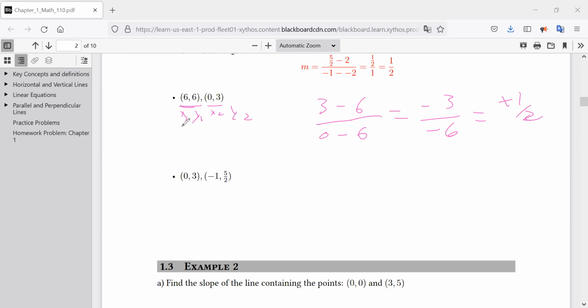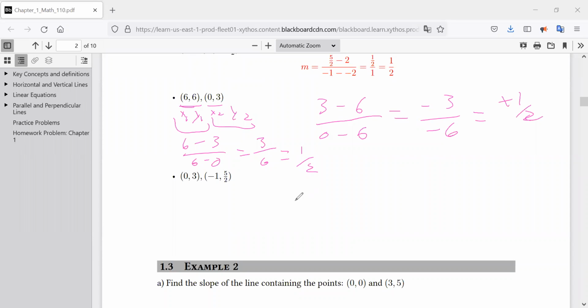And it doesn't matter which one of these we pick to be our point 1 and our point 2. If we wanted to, we could have done the opposite. We could have done 6 minus 3 divided by 6 minus 0. That's still going to be equal to 3 divided by 6, which is 1/2.